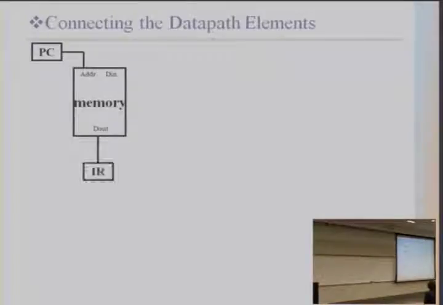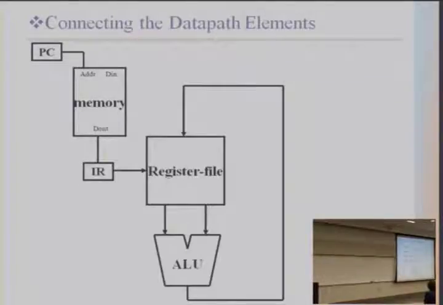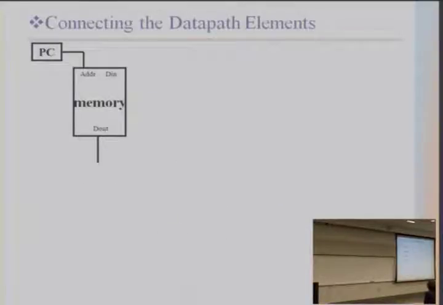So you talked about how to connect one datapath element. Basically, if you want to add 2 numbers, you will have a PC that says, okay, where in memory I'm supposed to read this instruction. My instruction is add, let's say, Rx, Ry, Rz.